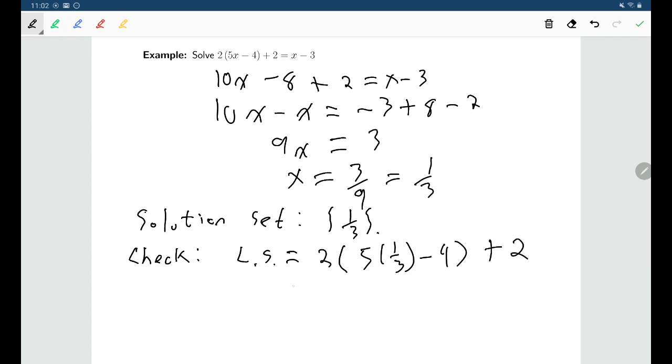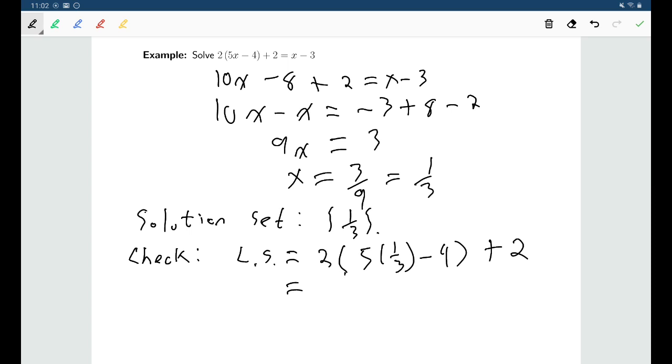Now, the thing with this, just the way that I've written it, again, don't spend your time doing this arithmetic by hand. You can actually do the arithmetic just using your calculator. If I were to enter things exactly as I have them, which is 2 times left bracket 5 times a third, and I'm using my fraction button for the third.